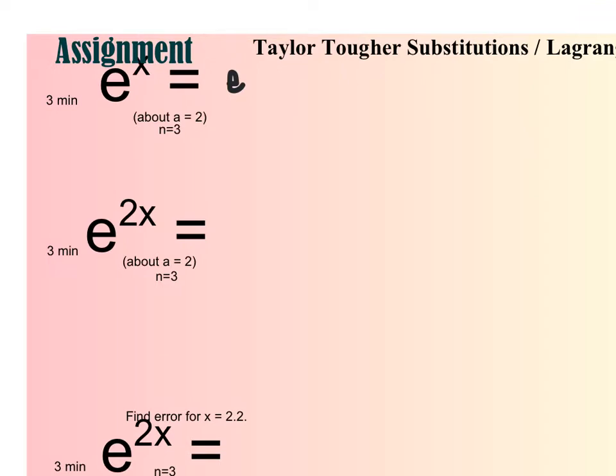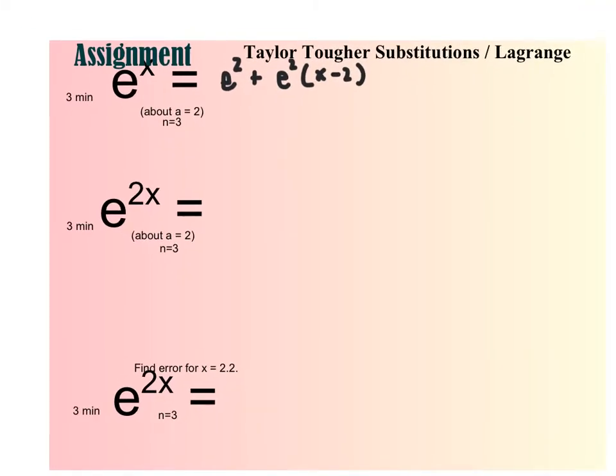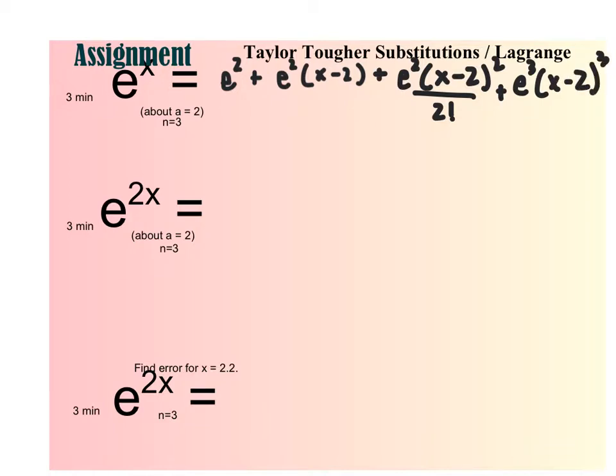So this would be e to the second plus e to the second times x minus 2 plus e to the second times x minus 2 squared over 2 factorial. I'm going to go out one more. So it'd be e cubed times x minus 2 cubed over 3 factorial.